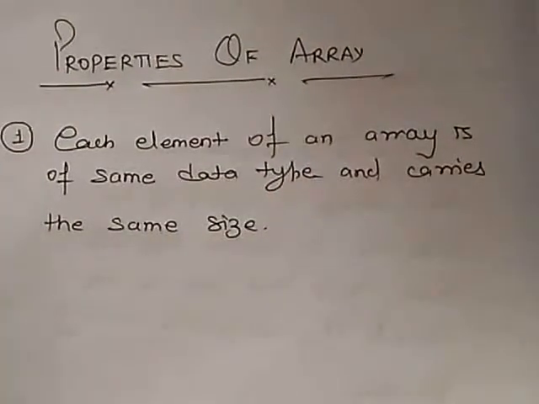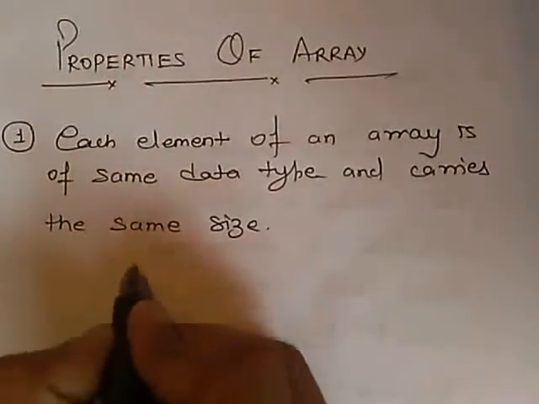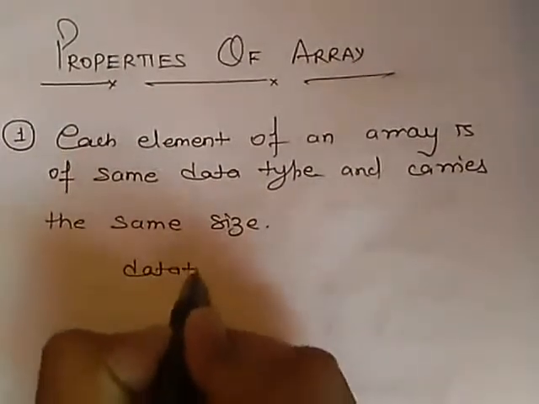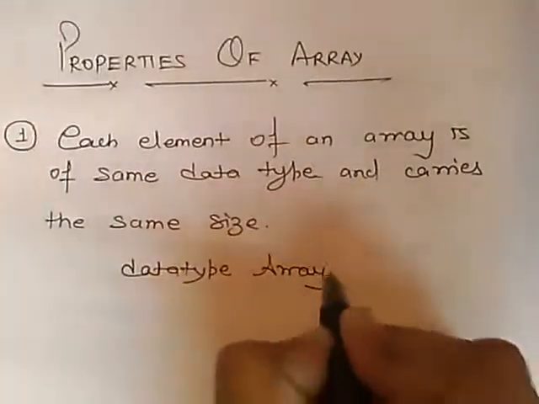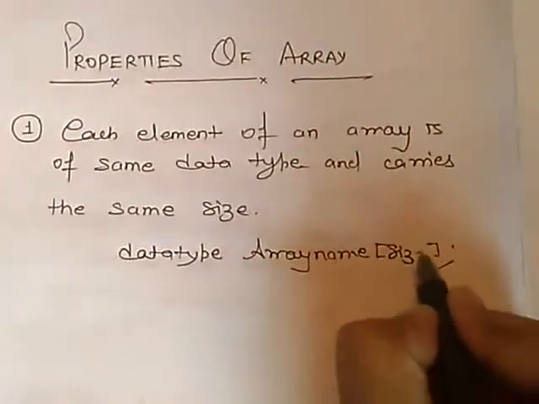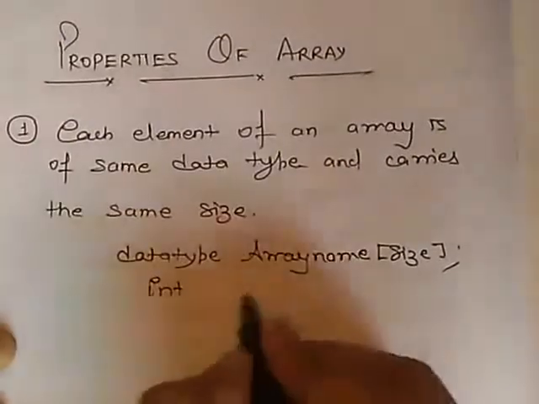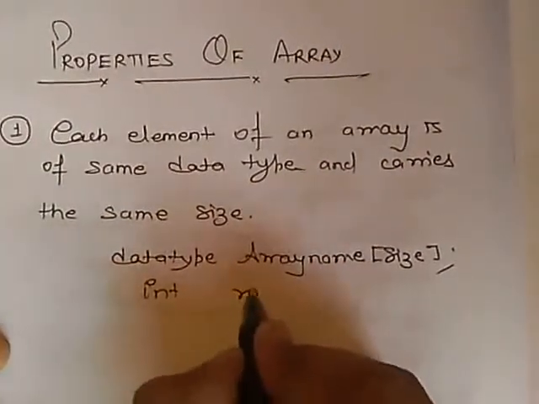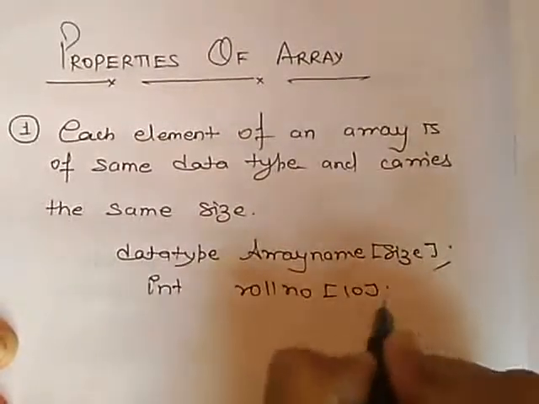Now, first of all, understand the syntax of an array. The syntax of an array is we have to give the data type, then the array name, then the size. Suppose we have declared an integer array in which we want to save the roll numbers of 10 students.